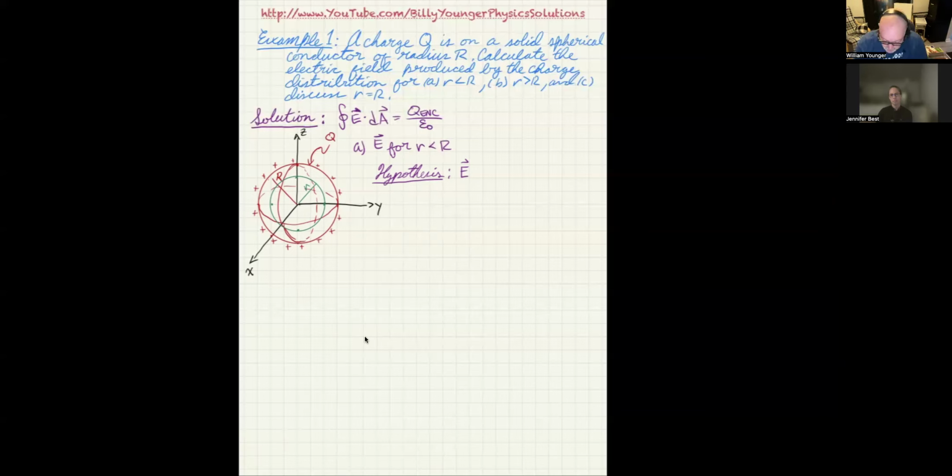So I'm going to assume that E, the electric field, depends only on the distance r from the origin, and it points radially outward. I'm going to use the r hat vector, which is just a vector that points always from the origin in the outward direction.